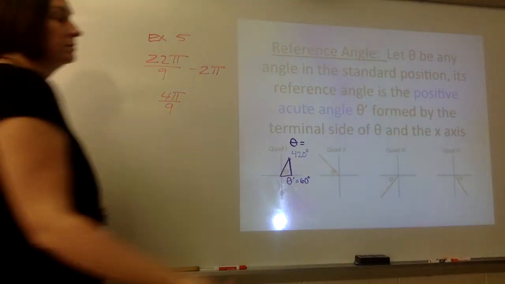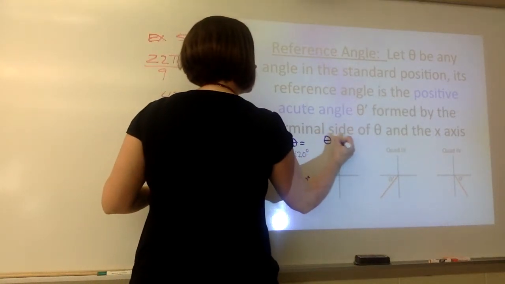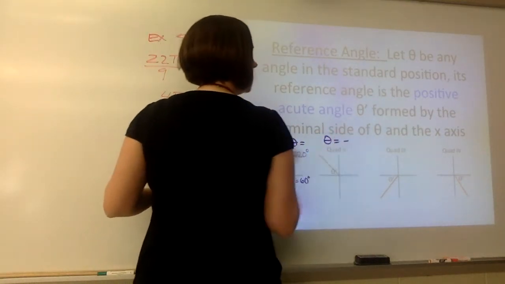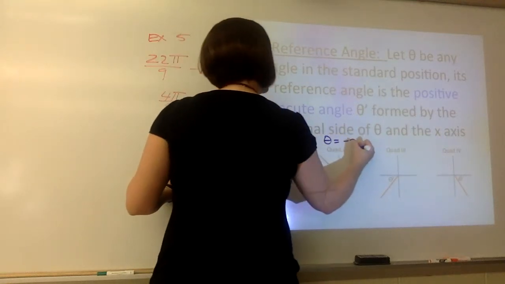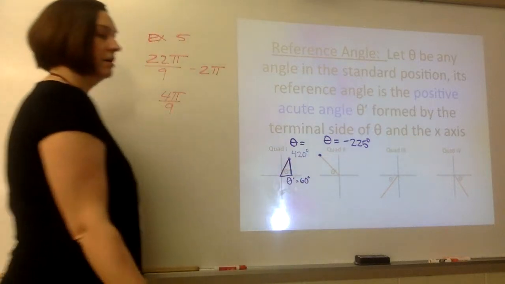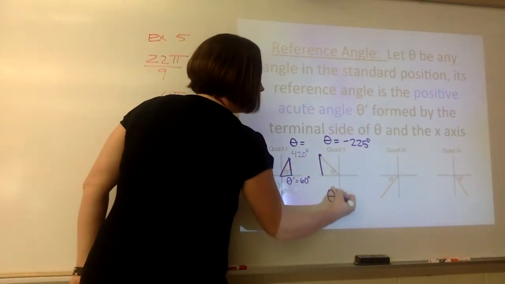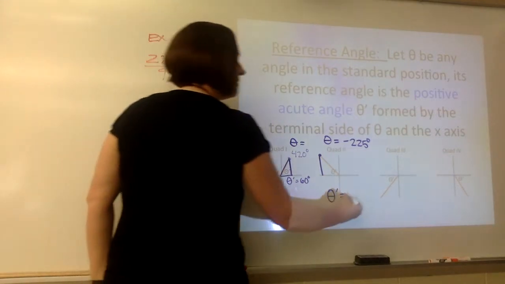Quadrant 2. So for example, in quadrant 2, let's say that my theta in this example is negative 225. So negative 225 finishes here. My reference angle, theta prime, is going to be 45 degrees.